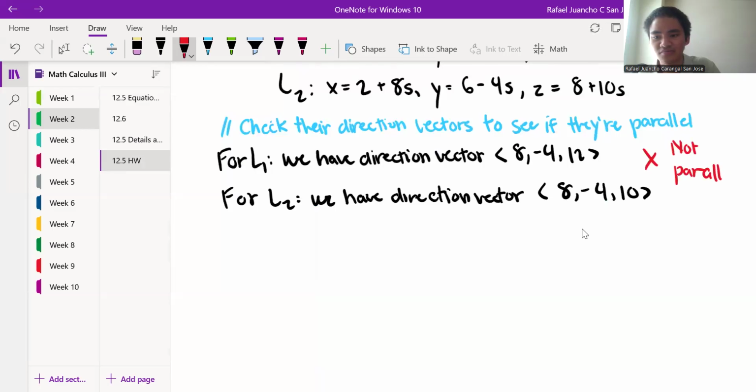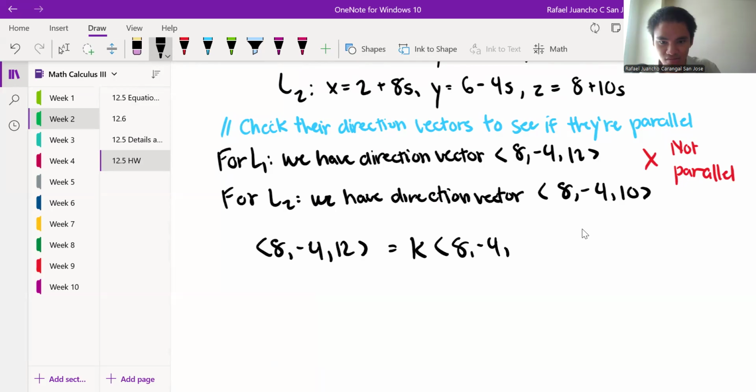Why? If there's a scalar k here, 8 equals 8k, k is 1.